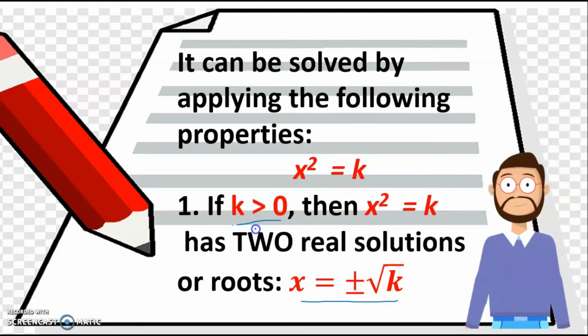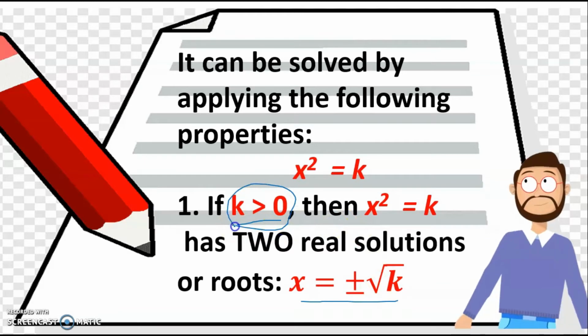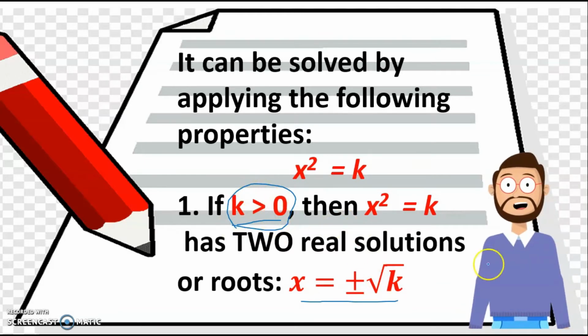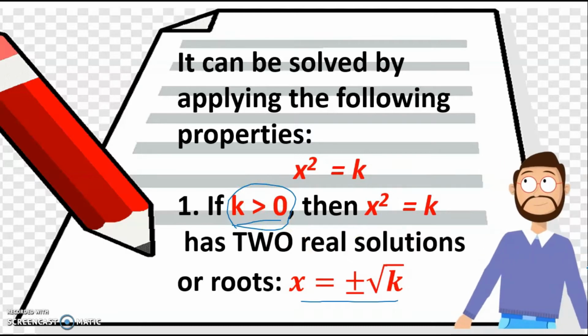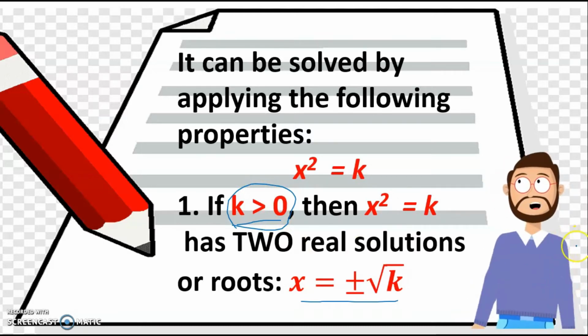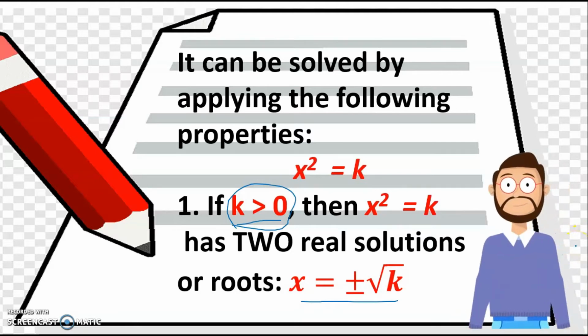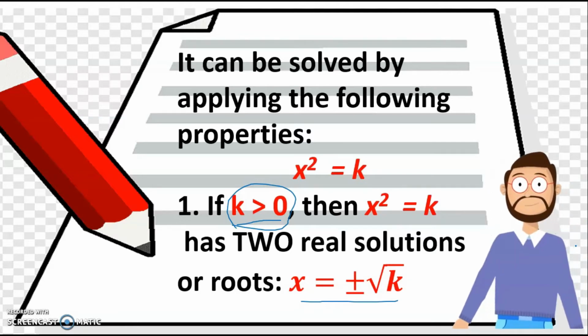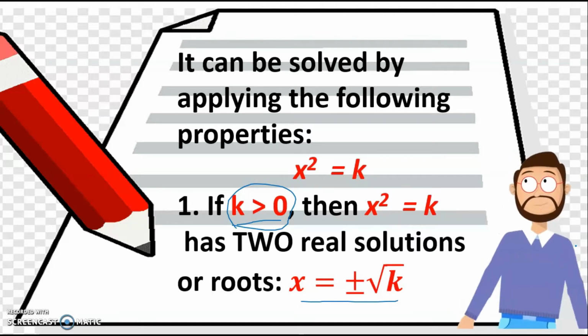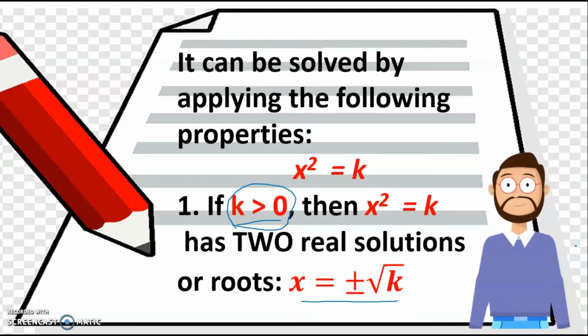Now if k is greater than 0, what are those numbers that are greater than 0? Those numbers are positive numbers. Examples are 1, 2, 3, 4, up to positive infinity.